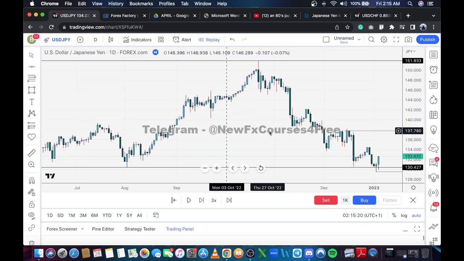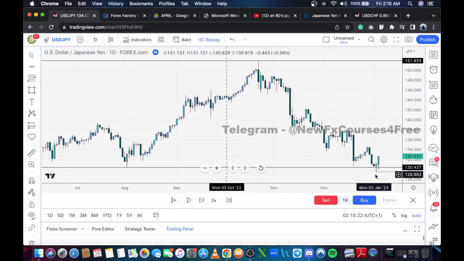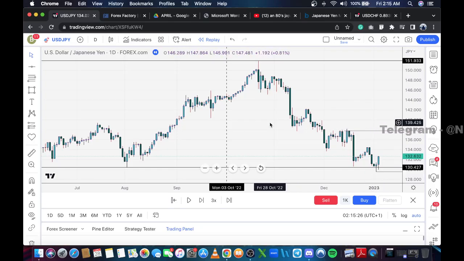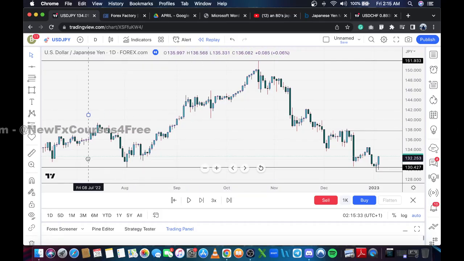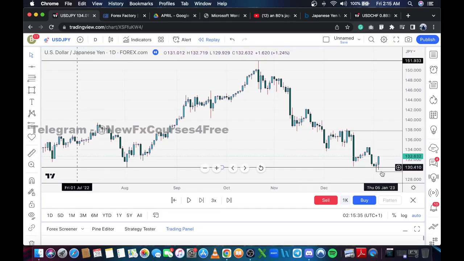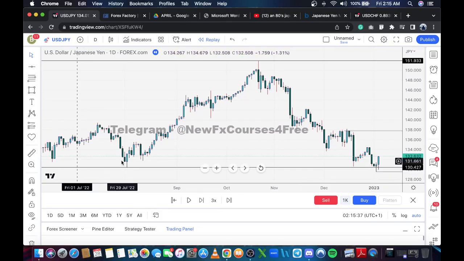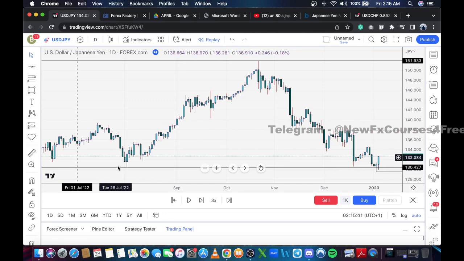Where is the lowest low in the last 3 months? That is current market price action. Okay, now if you went back 6 months, September, August, July, prior to this price action, what was the lowest low? Here. What kind of liquidity would be resting below that low?